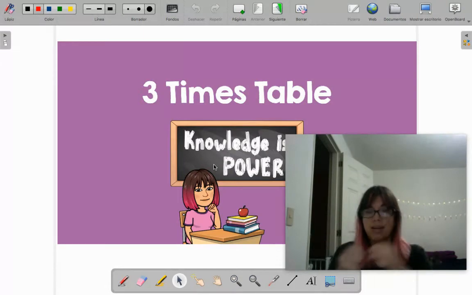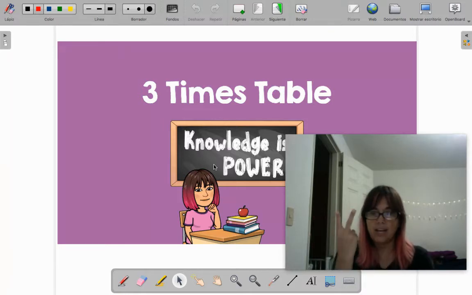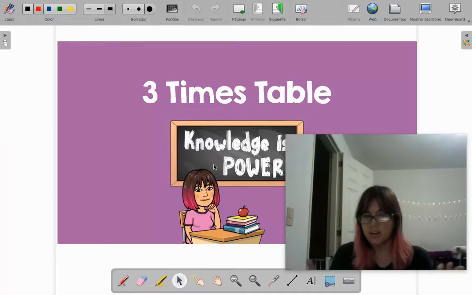That means 2 times 3, or 3 times 2. Remember, we can turn around the numbers. So any multiplication times 2 means repeat the big number 2 times. Understand?